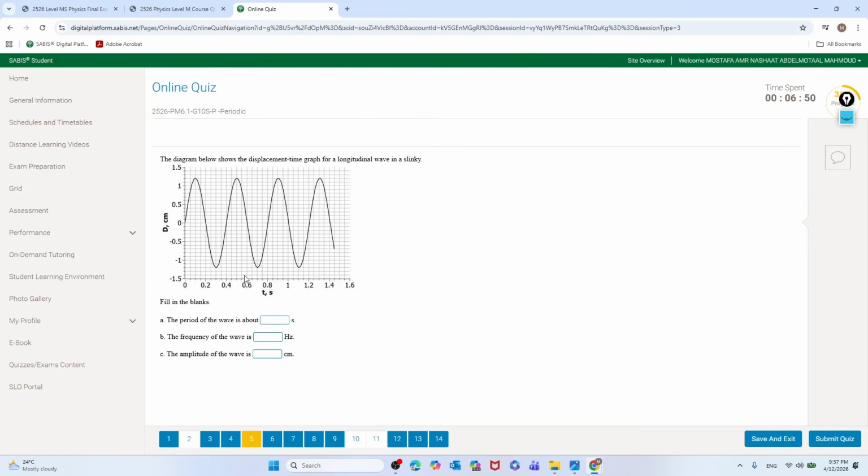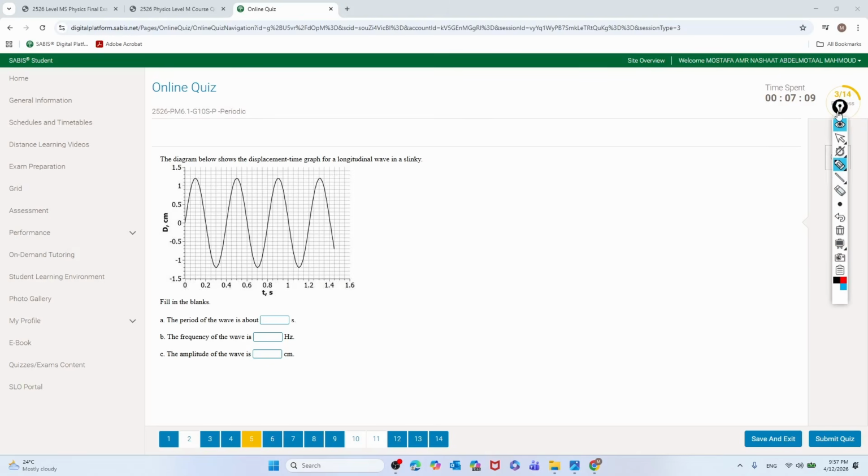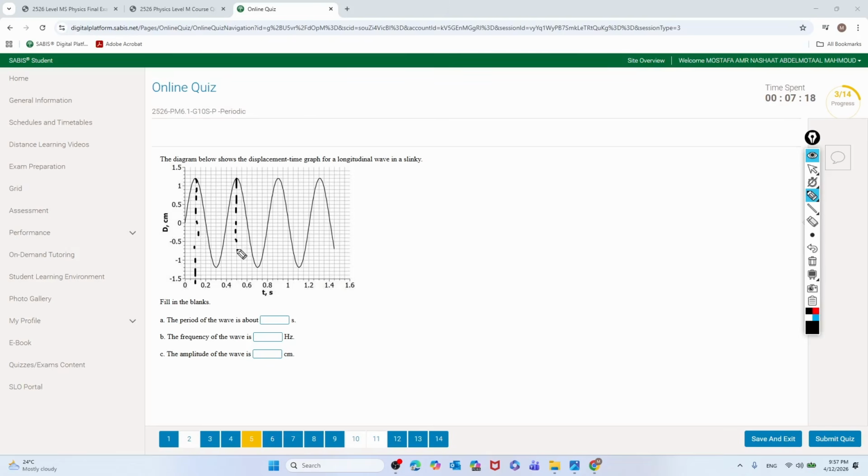And question 5. This is a displacement time graph. So here from peak to peak, it's not going to give you a wavelength, it's going to give you the period. From here to here, it is 0.1 to 0.3, so 0.2.